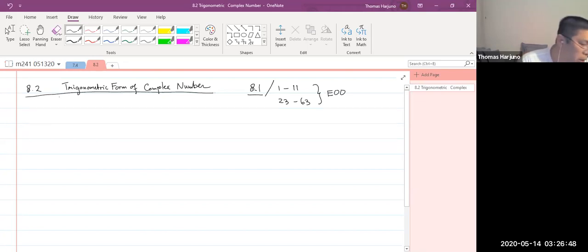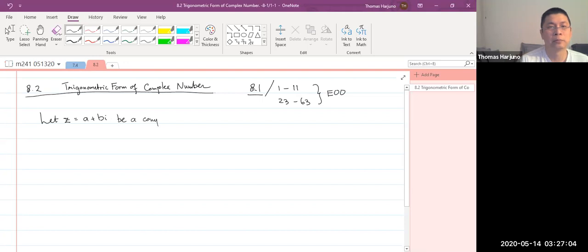Now, let z = a + bi be a complex number in standard form.